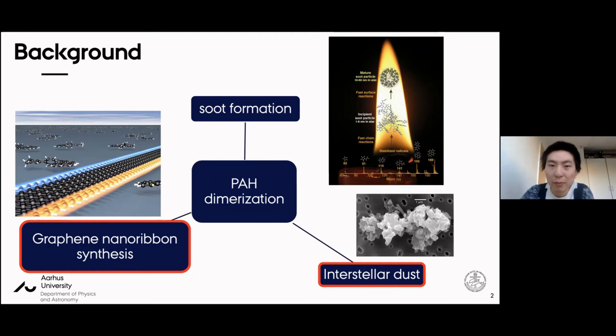Many people in the combustion community have focused on the gas phase dimerizations between PAH radicals. I'm more interested in the on-surface dimerizations. They could contribute to graphene synthesis and also carbonaceous dust grain growth.